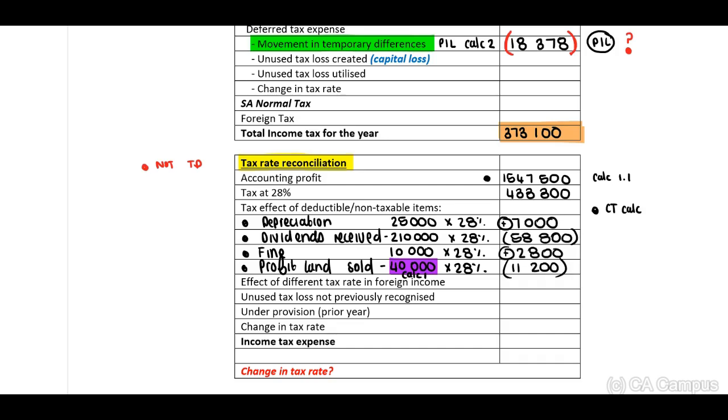Then there's no effect on different tax rates in terms of foreign income. There's no unused tax loss. There's no under provision, and there's no change in tax rate. We will look at all of this in our next IAS 12 lecture, and we can include our income tax expense 373,100, and this reconcile to our note.